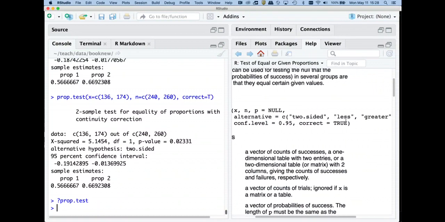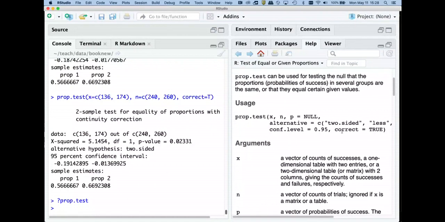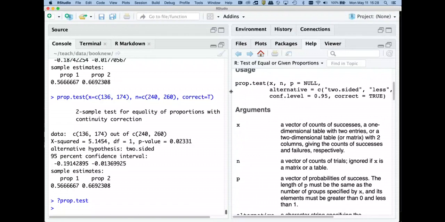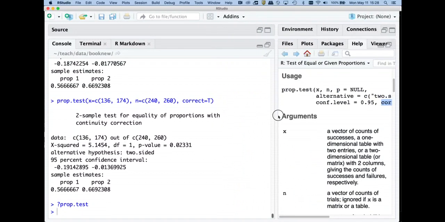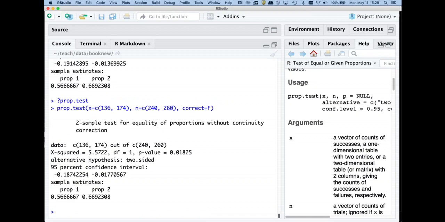I can also specify whether I want a two-sided alternative or the less than or greater than, and I can specify the confidence level. There's another argument that I'm just going to mention, which is the continuity correction. What I've taught you does not use the continuity correction. But let's just type this formula in. Remember, I had 136 yeses out of 240 among the males, 174 yeses out of 260 among the females, and then I say correct equals false to not use the continuity correction.